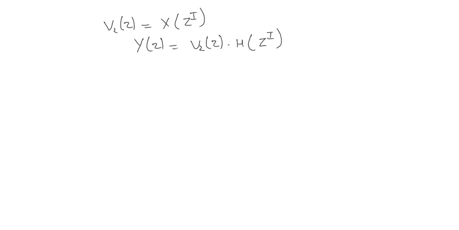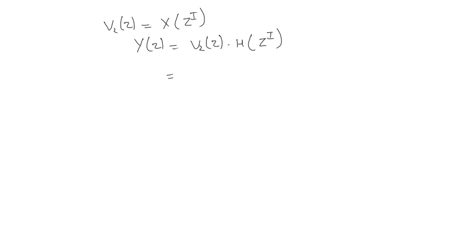v2 of z, that is x of z to the power I, that is given to you, and y of z will be v2 of z multiplied by h of z to the power I. Just substitute the value of v2 of z.